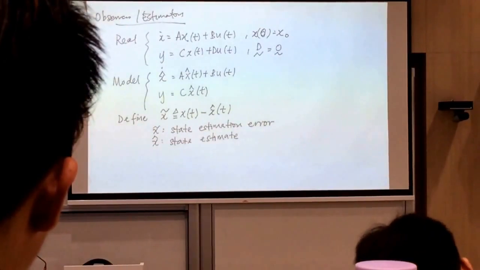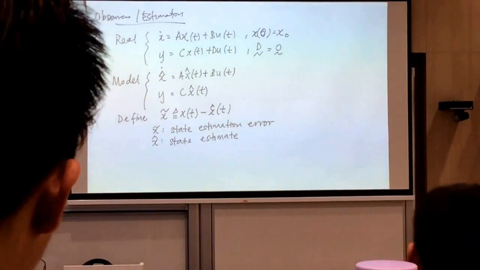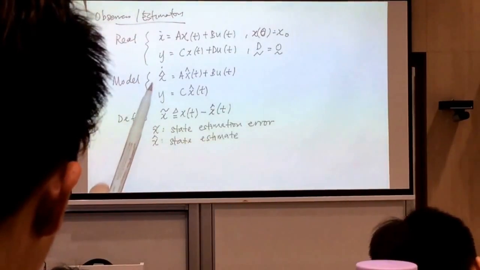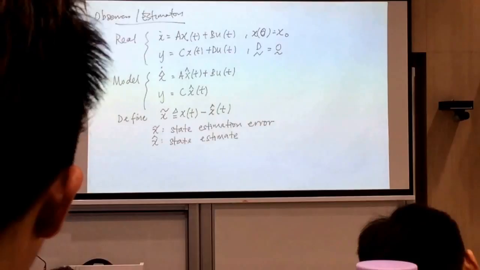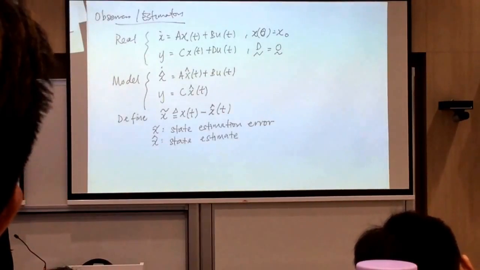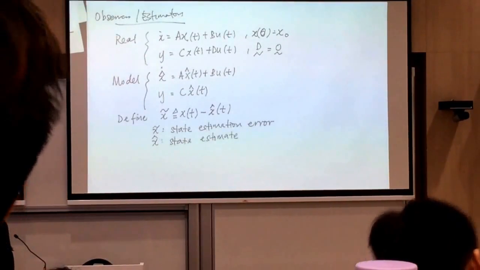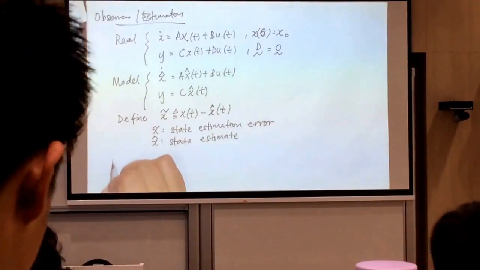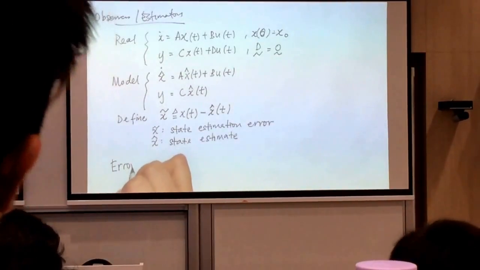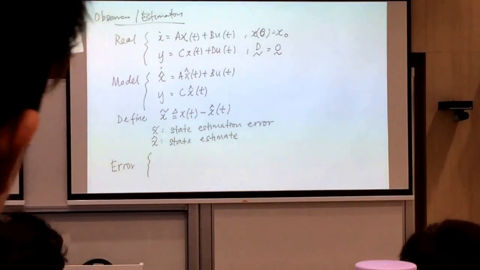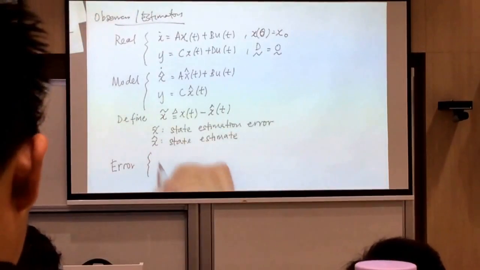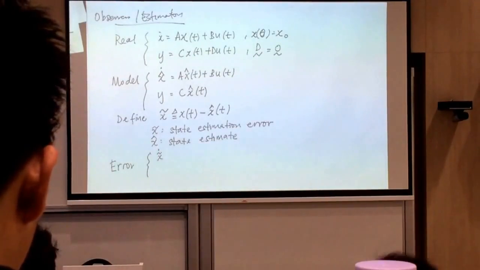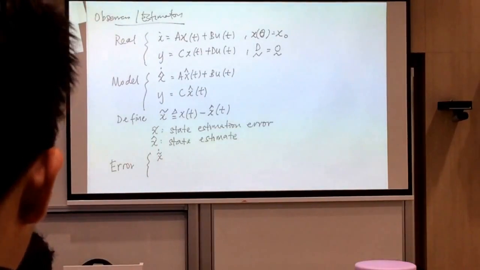Next, there are dynamics for the state x, so x dot equals something, right? There are dynamics for the model, the state estimate, so x hat dot equals something. There are dynamics for the state estimation error too. Because when there's a dot, there's a derivative under the dynamics, right?